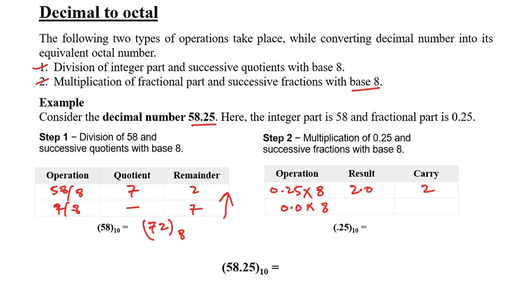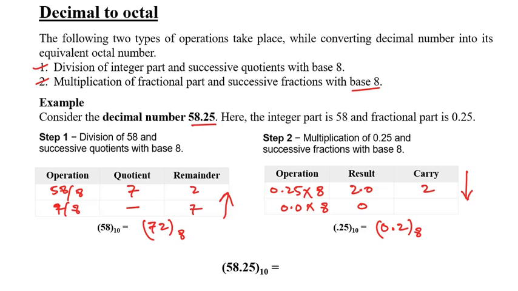It becomes 0, so we stop the multiplication here and collect the carries from top to bottom. So my 0.25 base 10 is equal to 0.2 base 8.